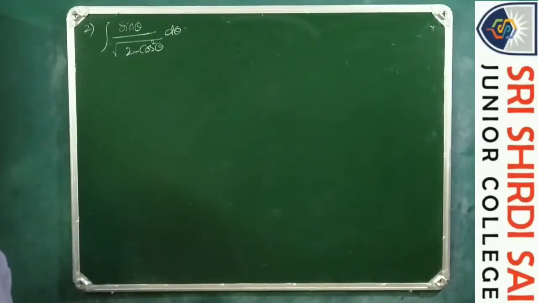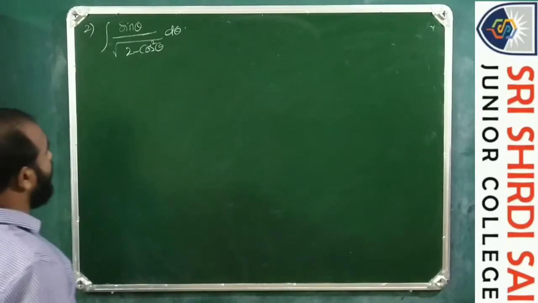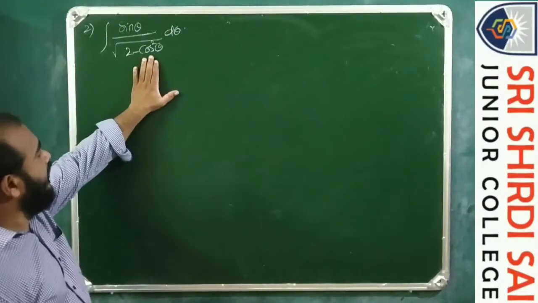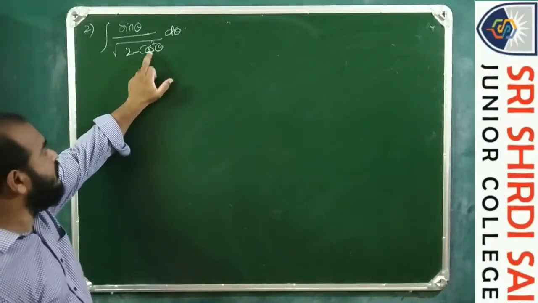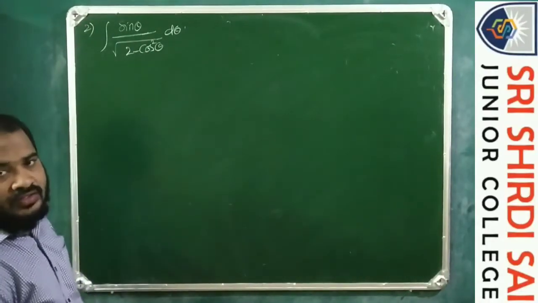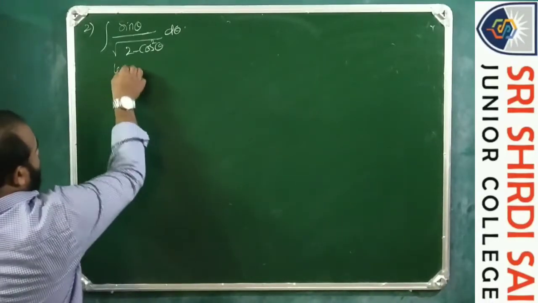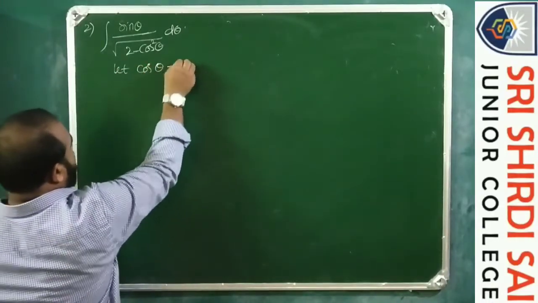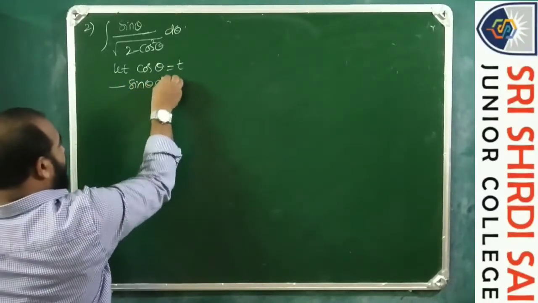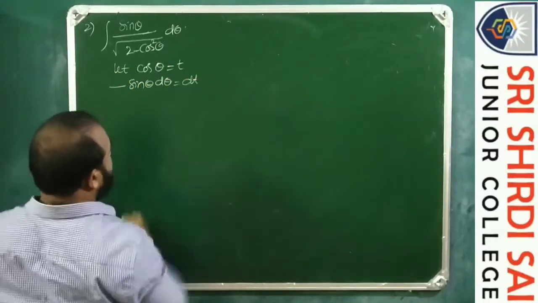Integral of sine theta by square root of 2 minus cos square theta d theta. So let us take the substitution. The derivative of cos theta is minus sin theta. Here minus is missing. So let cos theta equal t. Then minus sin theta d theta is equal to dt.